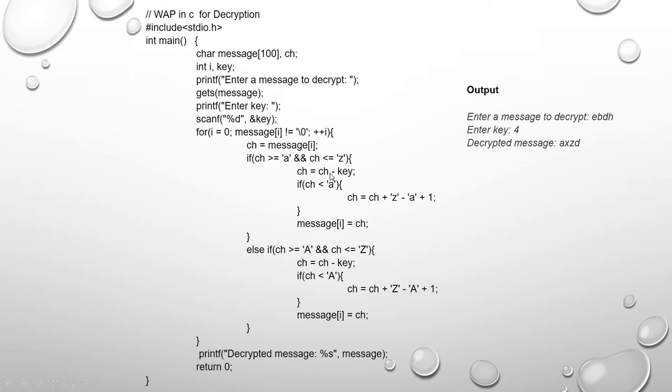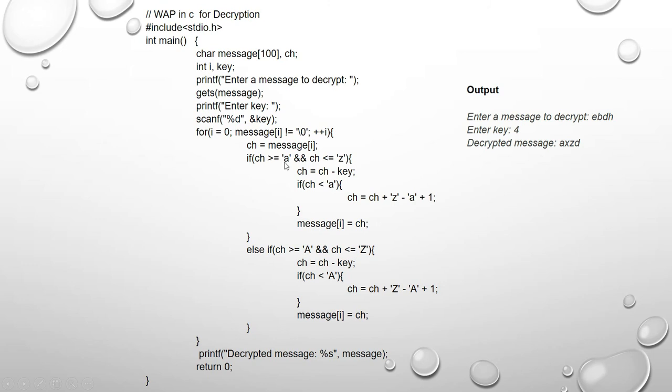Last time in encryption plus was there, here the minus is there. Again it checks, last time it was greater than capital Z, here it is small a. If the choice is less than a, then the same funda you have to use, then store the choice into your message array.